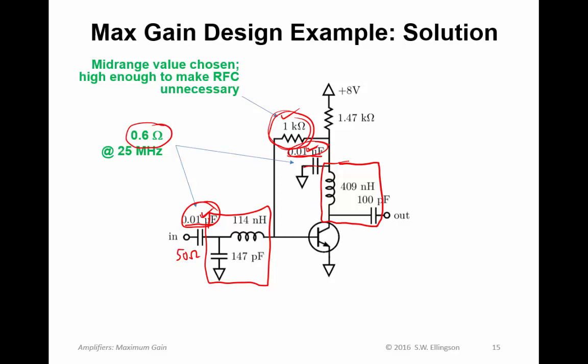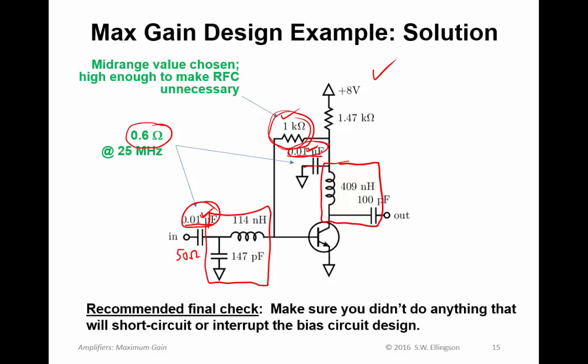And in fact, a large fraction of any practical design problem is not in getting to this point, but rather in refining the values now to optimize bills of material, to make the component count minimized, to get the best fit to existing values, and so on. A recommended final check here.